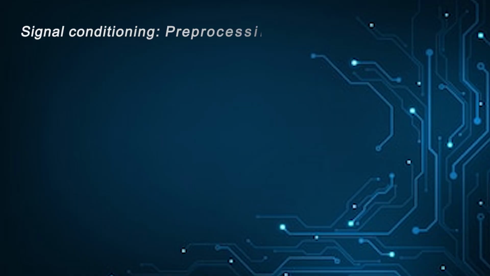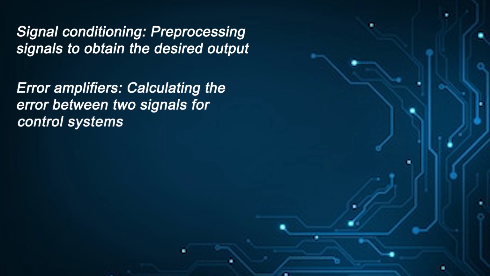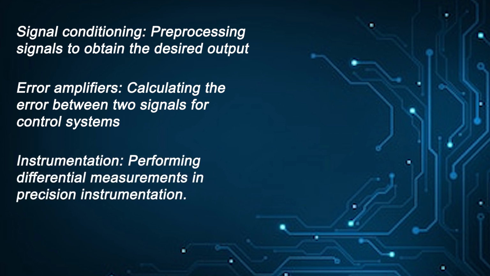The op amp two-input subtractor has various applications, including differential voltage measurement, subtracting a reference voltage from a signal to measure the difference; signal conditioning, pre-processing a signal to obtain the desired output; error amplifier, calculating the error between two signals for control systems; and instrumentation, performing differential measurement in precise instrumentation.